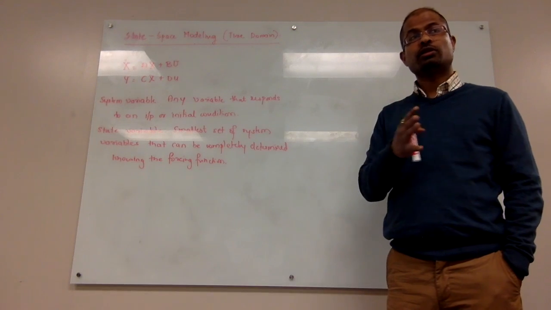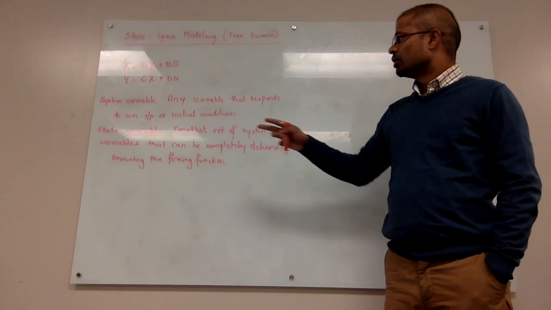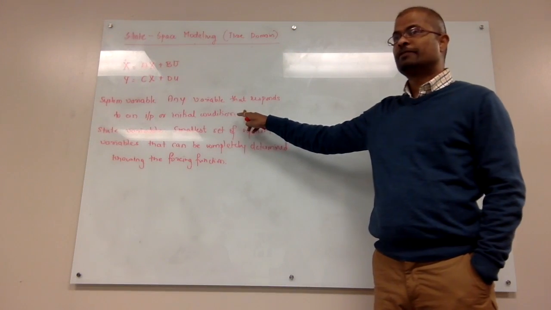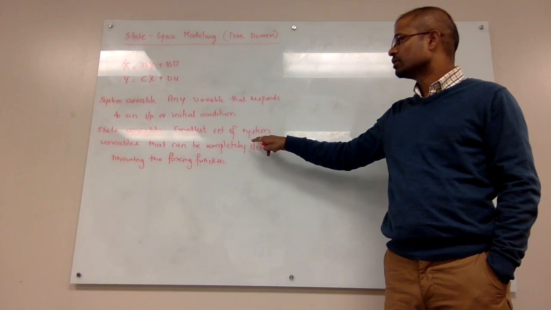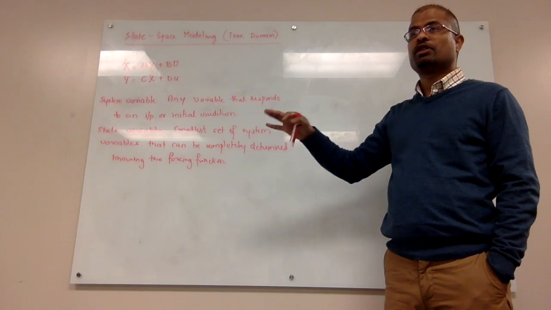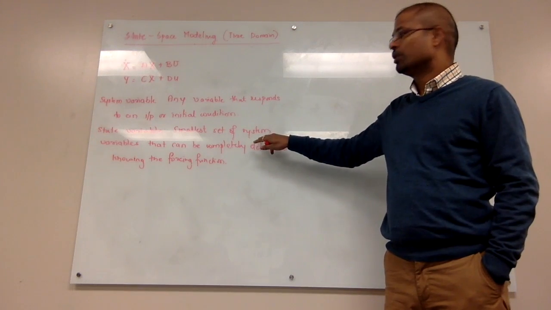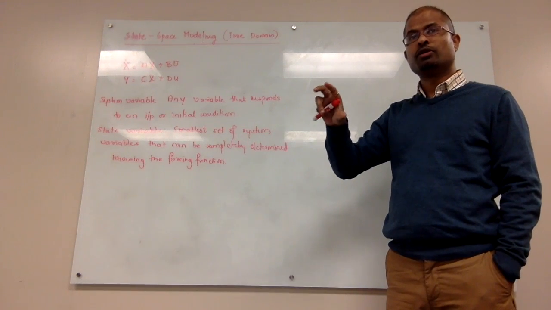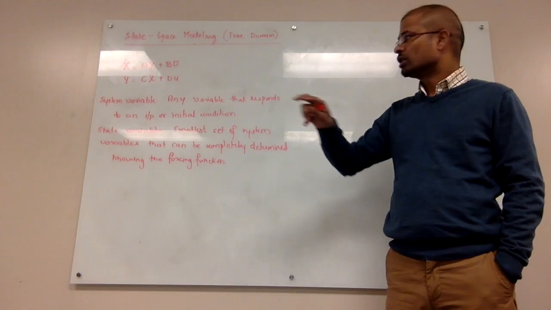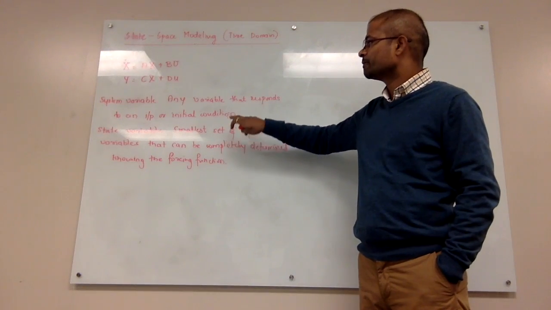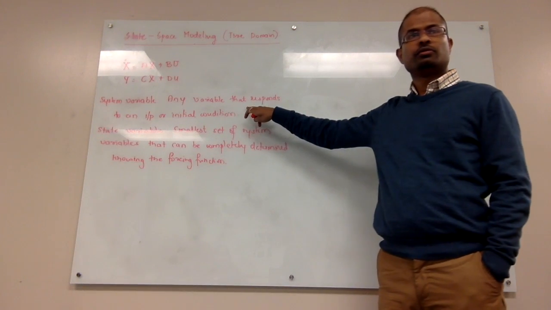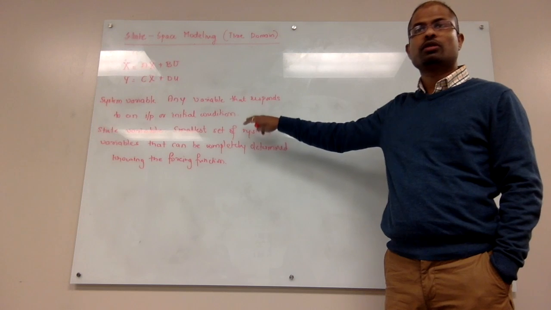So all those are models. All those are system variables. But the state variables is something specific of your interest. Okay, you are interested in certain variables, state variables. So all state variables are system variables, right? But all system variables are not all state variables.